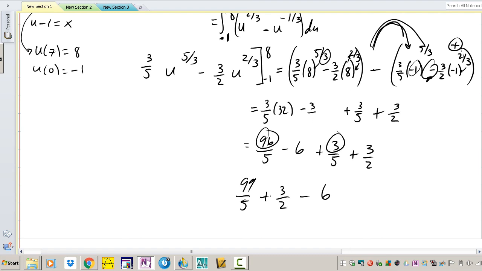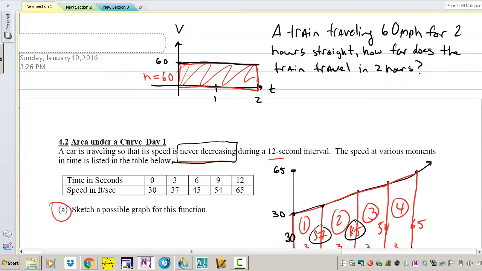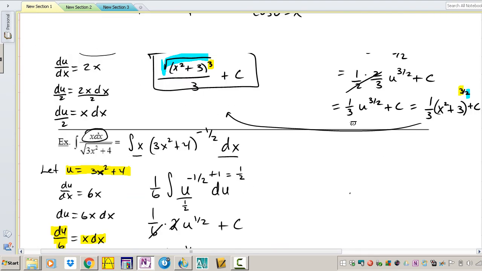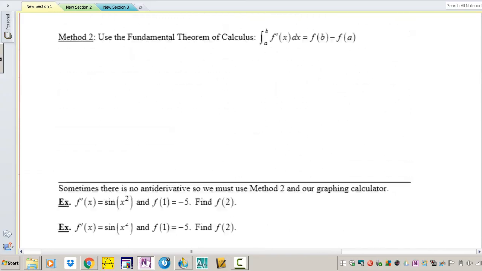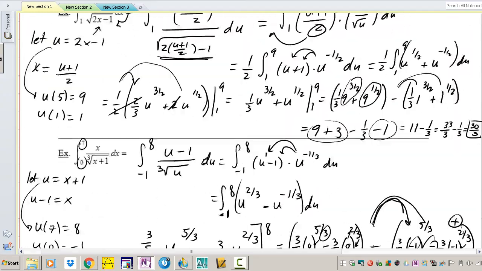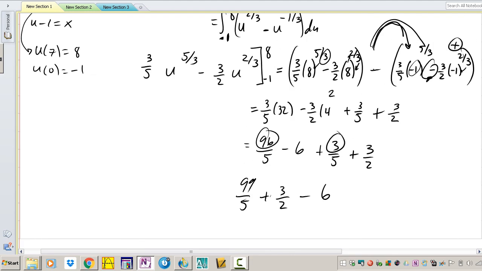Let me go back. Messed up. Okay. All right. So let's go ahead and multiply 6 as 12 over 2, which is the same thing as 6.